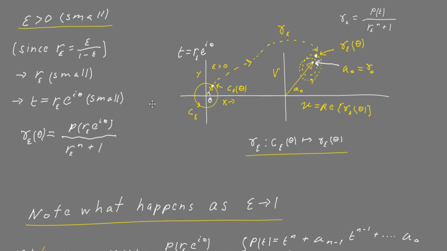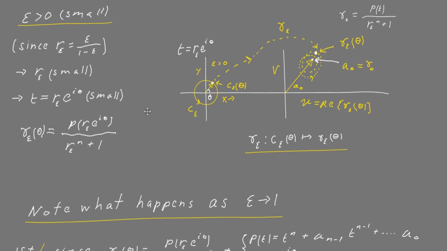Now what happens if I increase epsilon by a very small amount, so that epsilon is a very small positive number? Then r is going to be a very small number, and t is going to be a point on a circle of very small radius. So now gamma is going to take a point on that circle, corresponding to some fixed value of theta, over to a point in the gamma plane.